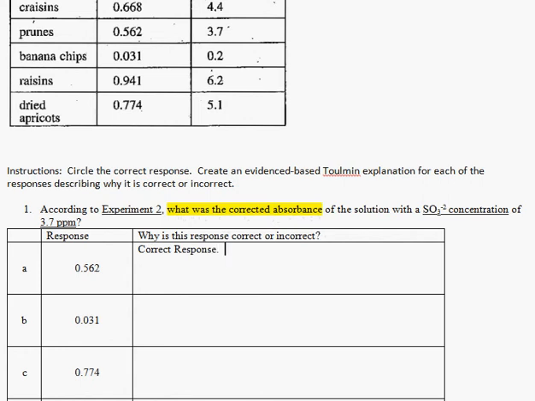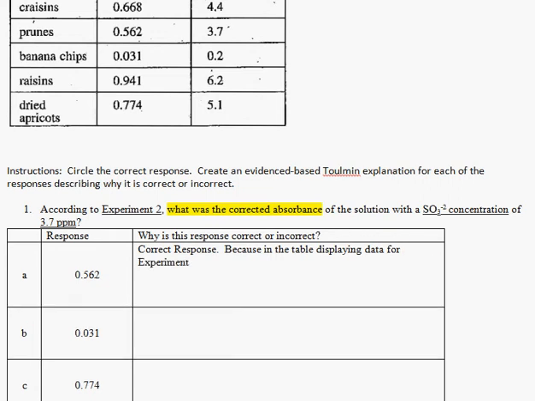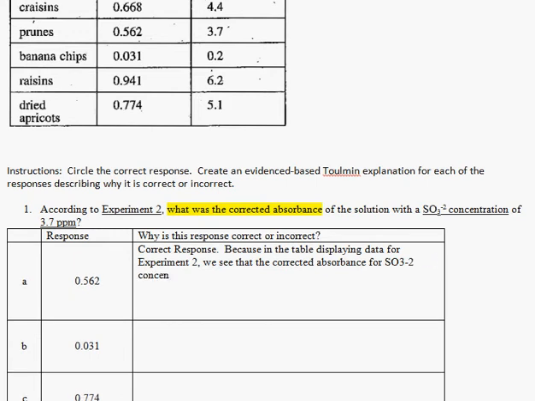Okay, so it's correct because in the table displaying data for experiment 2, we see that the corrected absorbance for SO3 minus 2 concentration of 3.7 ppm is 0.562.